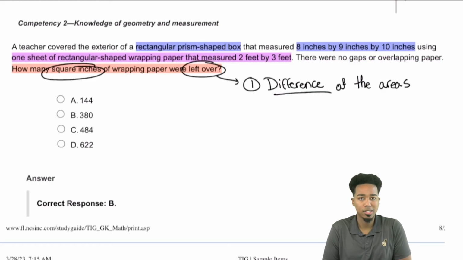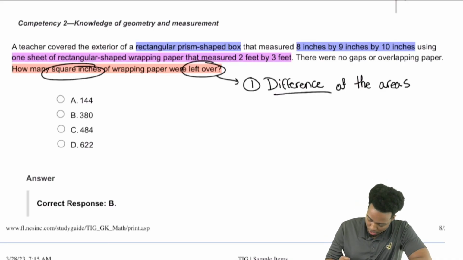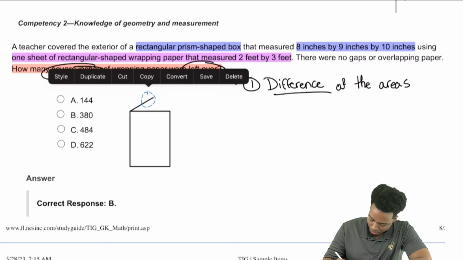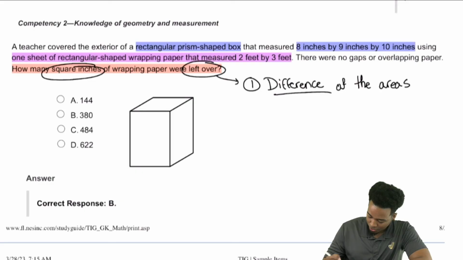First thing that I see here is that we have a rectangular prism, so we can go ahead and draw it like this. So we have this present that we're trying to wrap right there. Yes, I like drawing, of course.